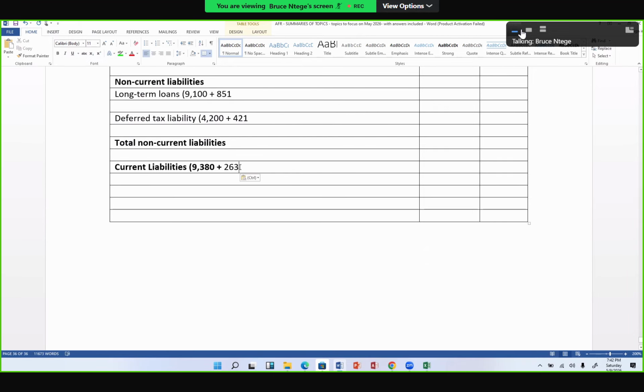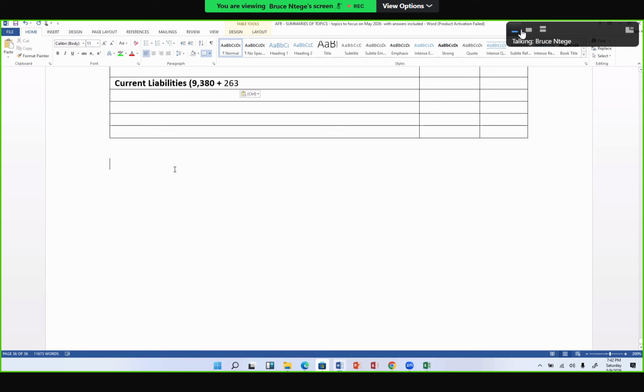At this point, we have been able to merge the parent's own figures plus the subsidiary's translated figures, but we don't have yet a consolidated retained earnings and the non-controlling interest. So I could have additional workings here. Further workings. One of those is the retained earnings.